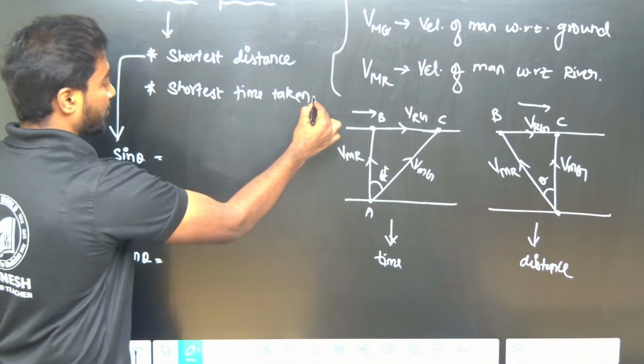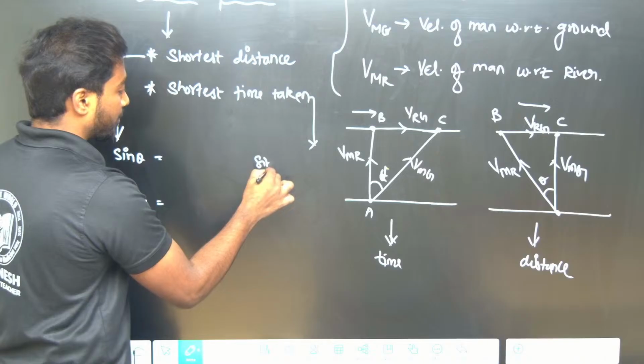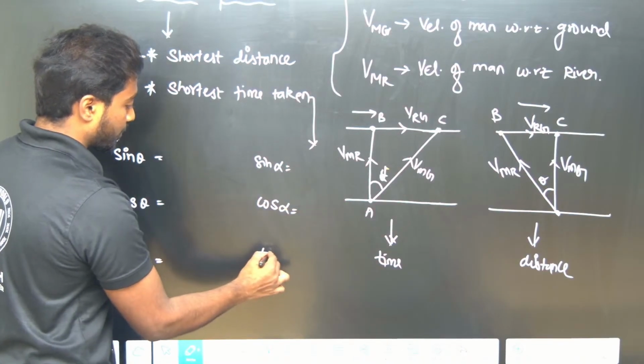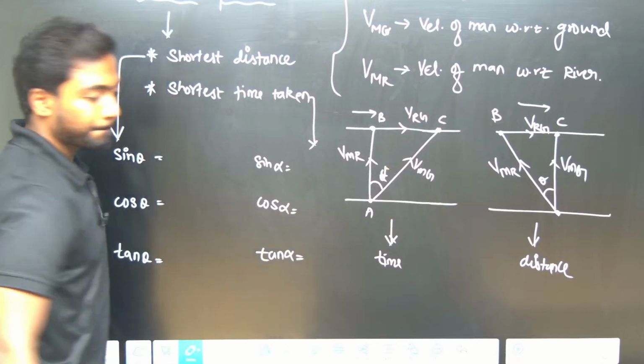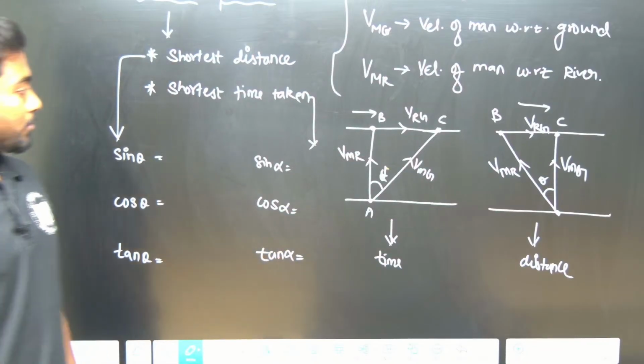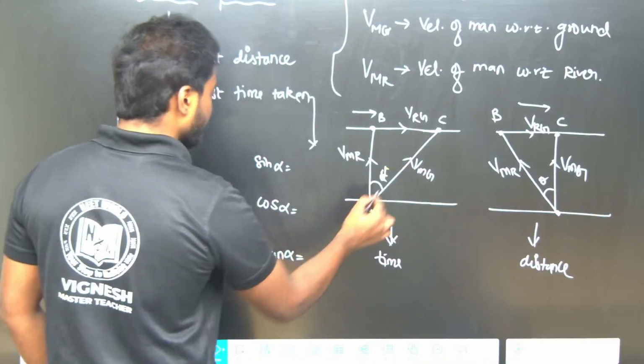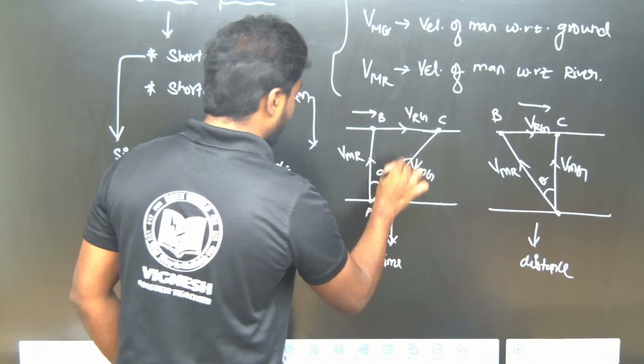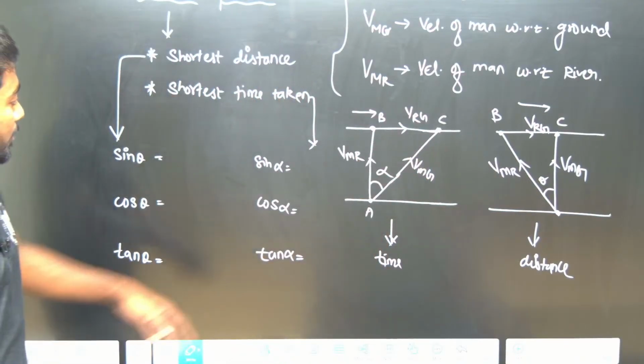For the shortest time, we write sin alpha, cos alpha, tan alpha. First we will write the alphas.